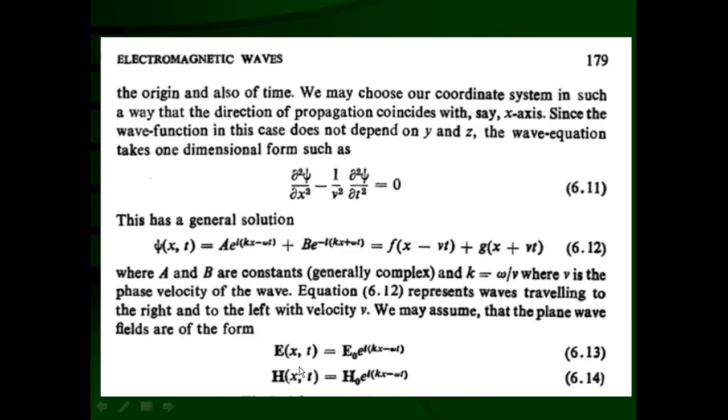Because it is propagating in the x direction, the electric field will have only Ey and Ez components, and the magnetic field H also has only Hy and Hz components. So the Ey component of this electric field 6.13 is Ey(x,t) equal to E0y e^{i(kx − ωt)}, and Hy(x,t) is equal to H0y e^{i(kx − ωt)}. Similarly, the z components will be there.